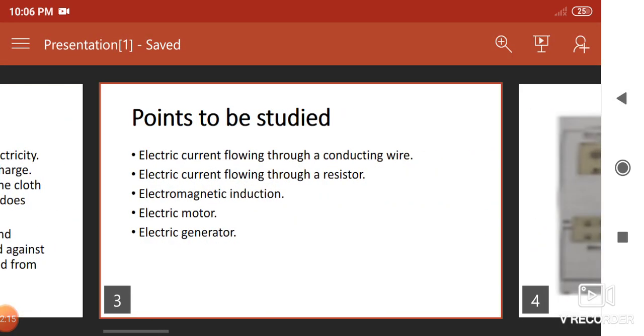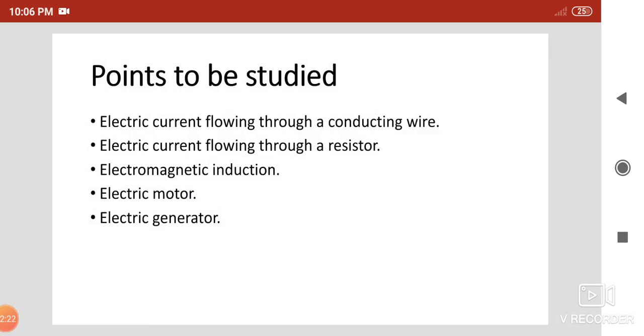Before starting, remember that in this chapter we are going to study: first, electric current flowing through a conducting wire; second, electric current flowing through a resistor; third, electromagnetic induction; fourth, electric motor; and fifth, electric generator. These 5 points we are going to study in this chapter.